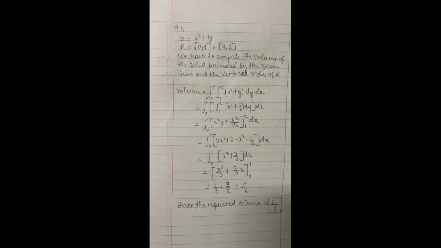So the volume is equal to the double integral of x squared plus y with respect to y, dx, going from 0 to 1, then from 1 to 2.